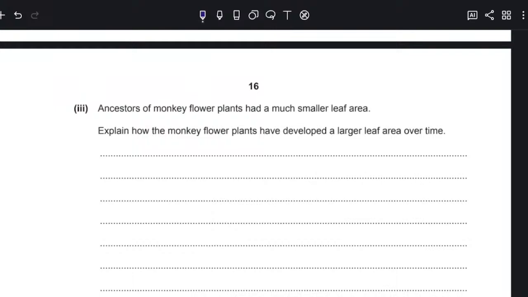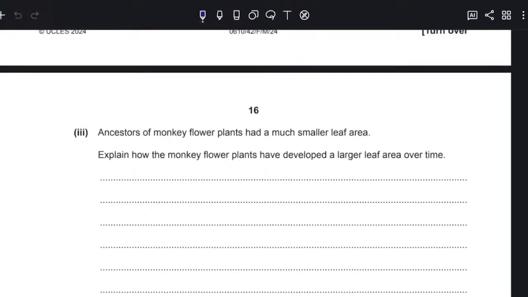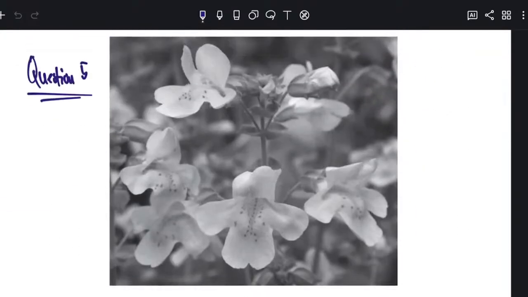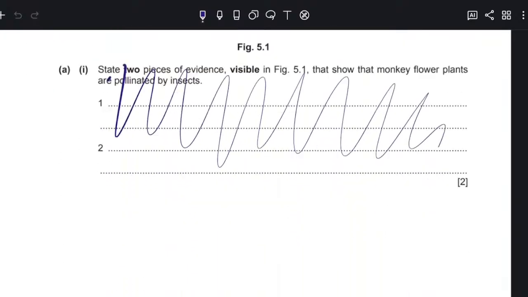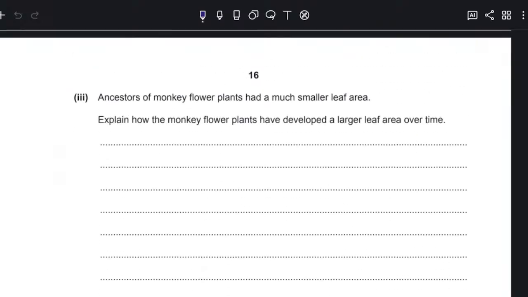Explain how the monkey flower plants have developed a large surface over time. How do you have monkey flower plants having such a good thing, large surface area over time?